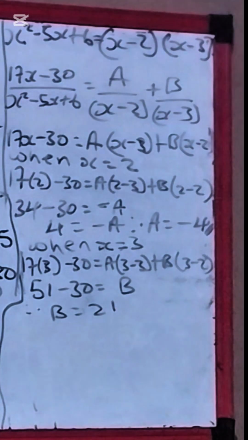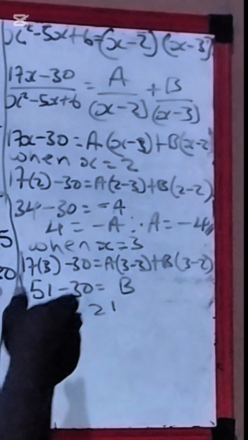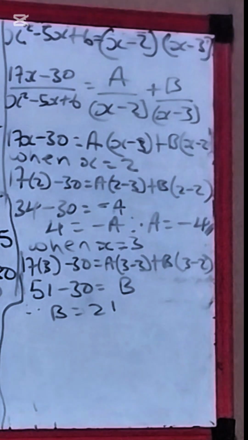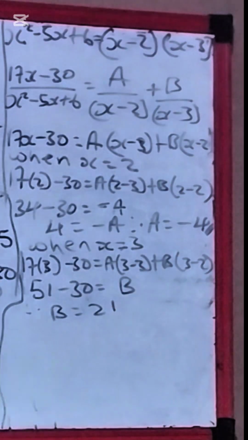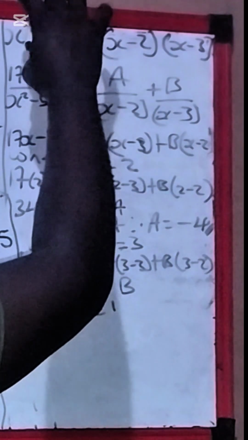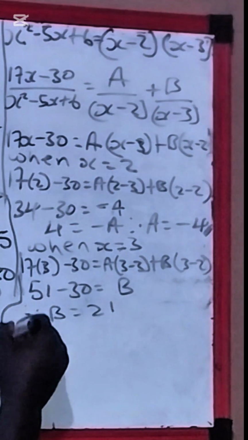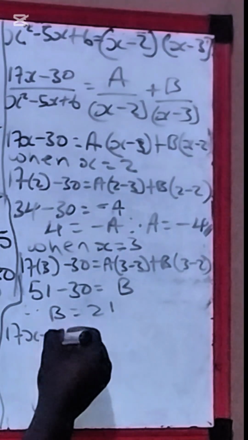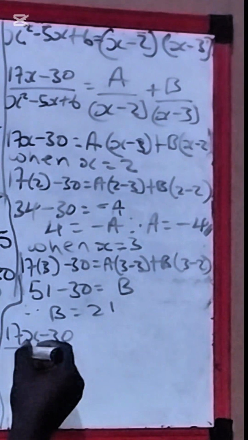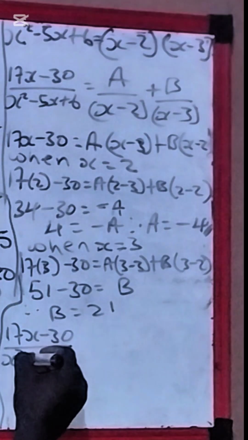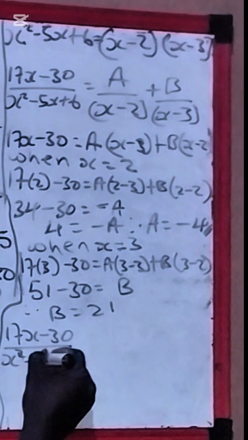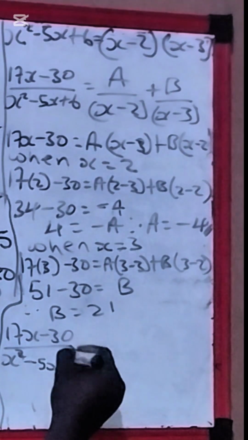So since we've gotten the values of these, let's take them back into our equation. Then we'll integrate. Taking it back into the equation, we have 17x minus 30 all over x squared minus 5x plus 6.